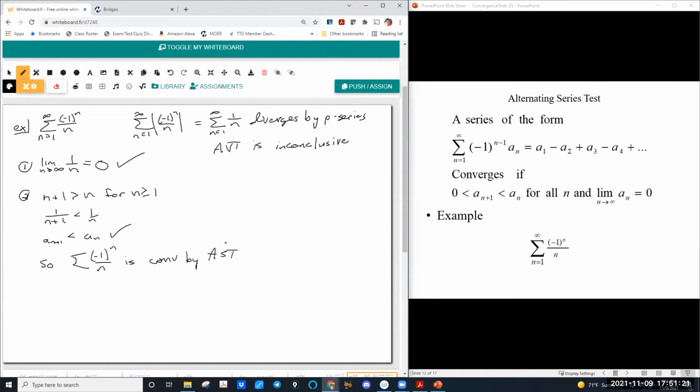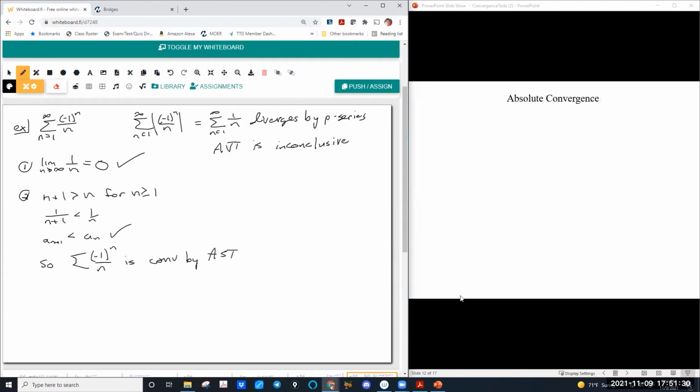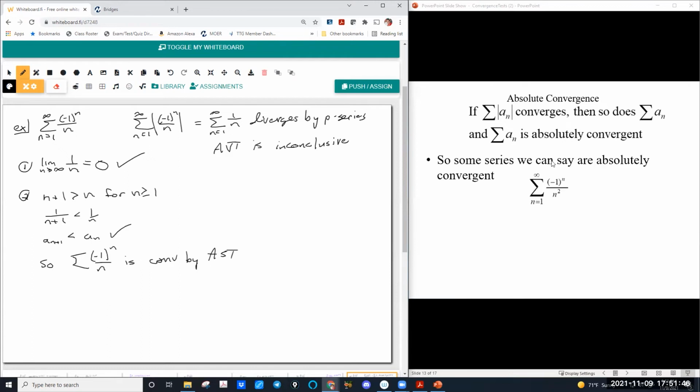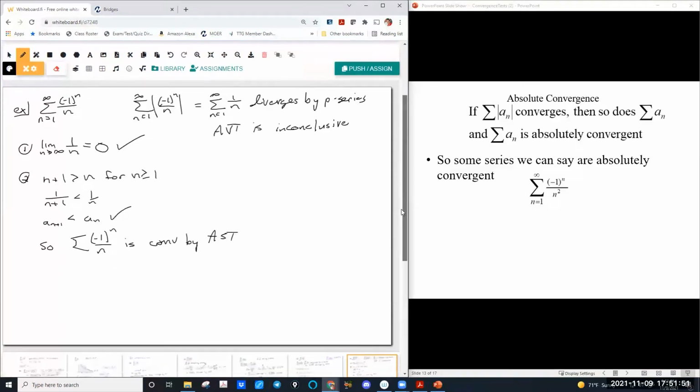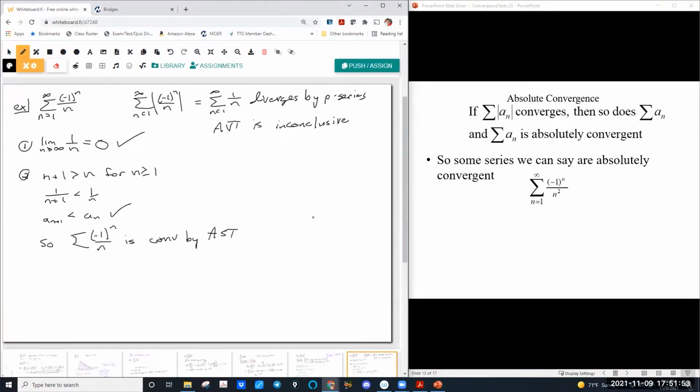Now, there's a reason I did these two, and it's because there's a contrast to them. You saw this in the online lesson. It has to do with what's called absolute convergence versus conditional convergence. If the absolute value of a series converges, then so does the series. And then we can say that that series is what's called absolutely convergent. So when we did this one before, it was absolutely convergent.